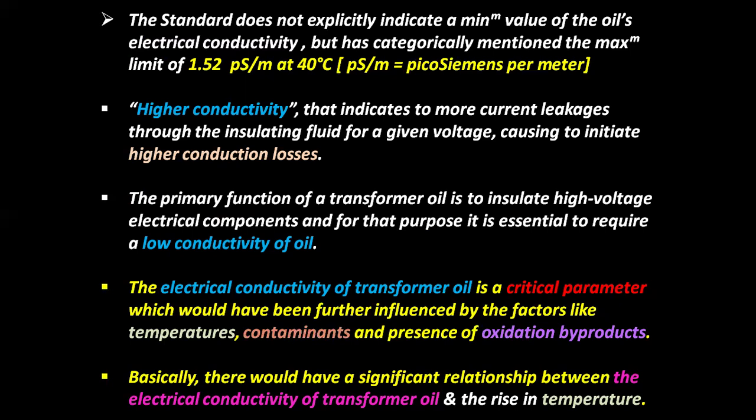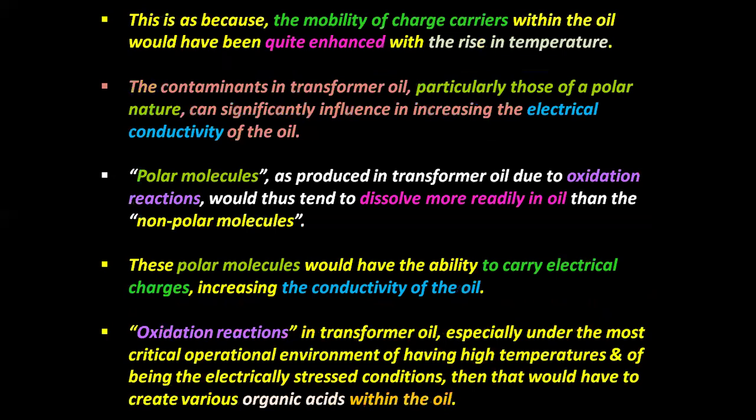Basically, there is a significant relationship between the electrical conductivity of transformer oil and the rise in temperature. This is because the mobility of charge carriers within the oil is quite enhanced with the rise of temperature. The contaminants in transformer oil, particularly those of a polar nature, can significantly increase the electrical conductivity of the oil.